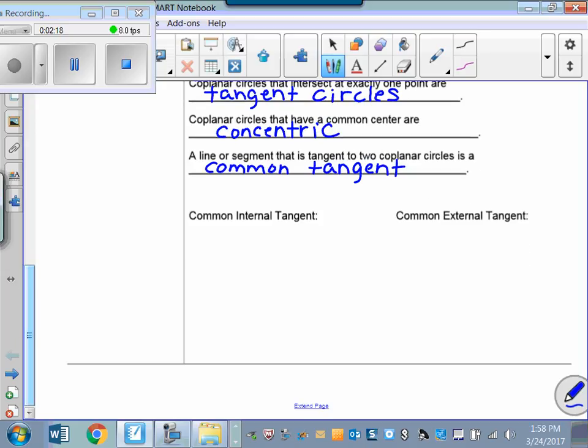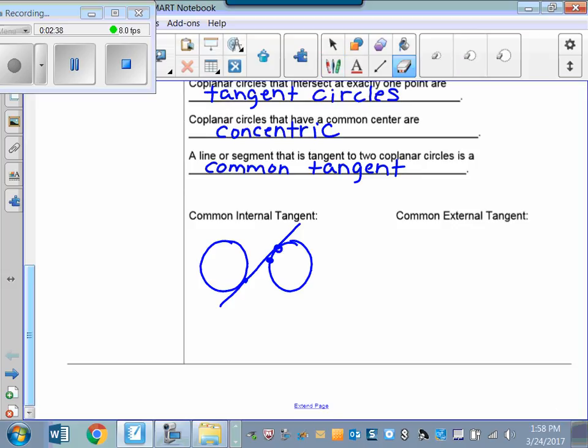We could have a common internal tangent. So let's say we got two circles here. A common internal tangent would be one, well, that's not going to work out. Got to go tangent to this circle. Let me do that a little bit better. Should have drawn my line first.